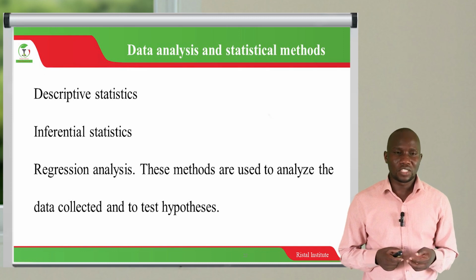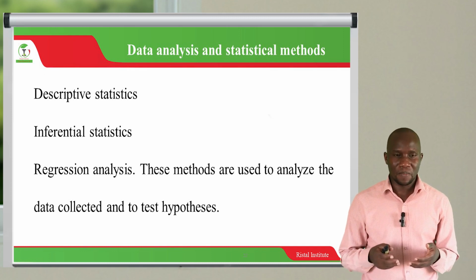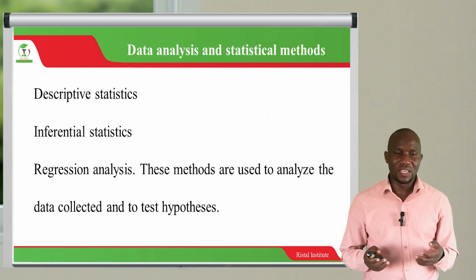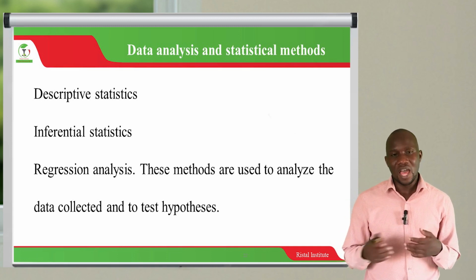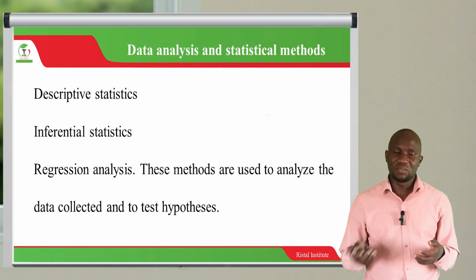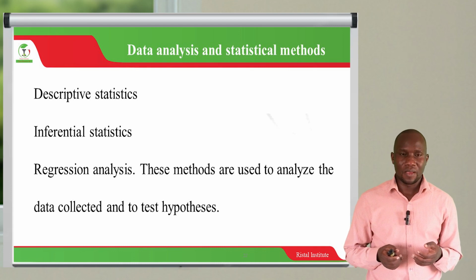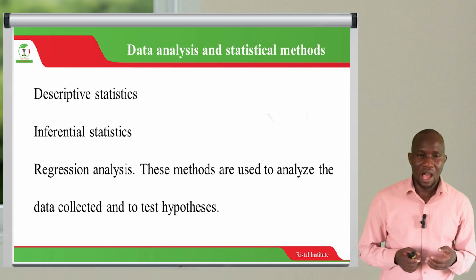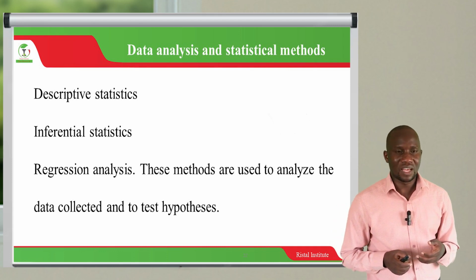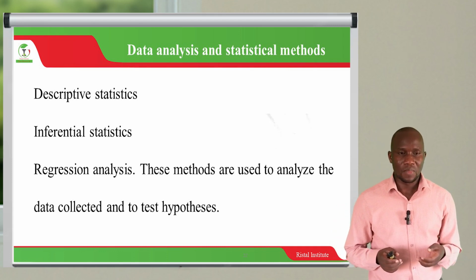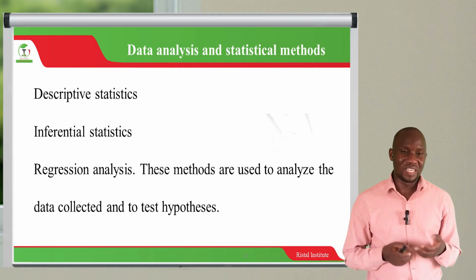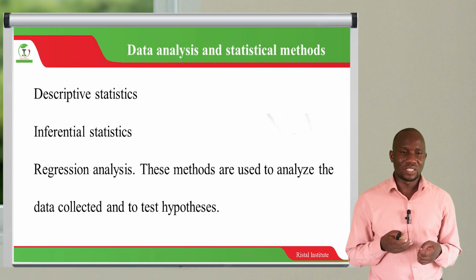Whereas inferential statistics help us to make judgments on the relationship between the intervention or the cause and the outcomes, whether the effect is because of the intervention. And then regression analysis can also be used to test hypotheses that we usually form at the start of the intervention study.